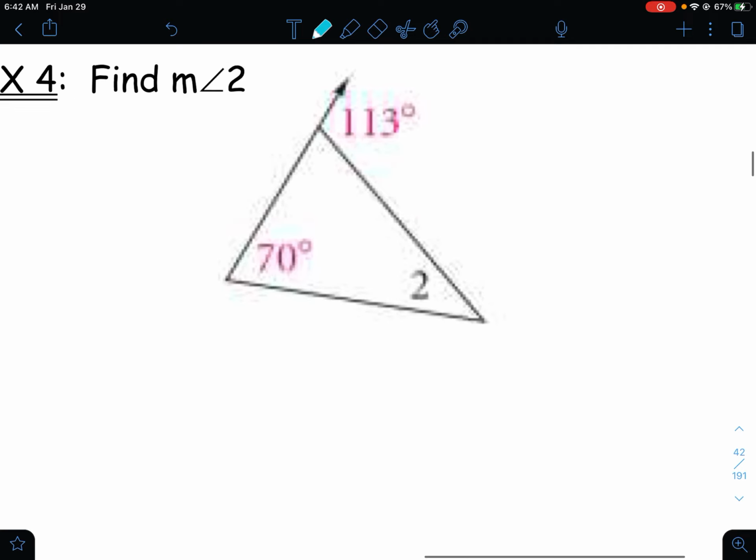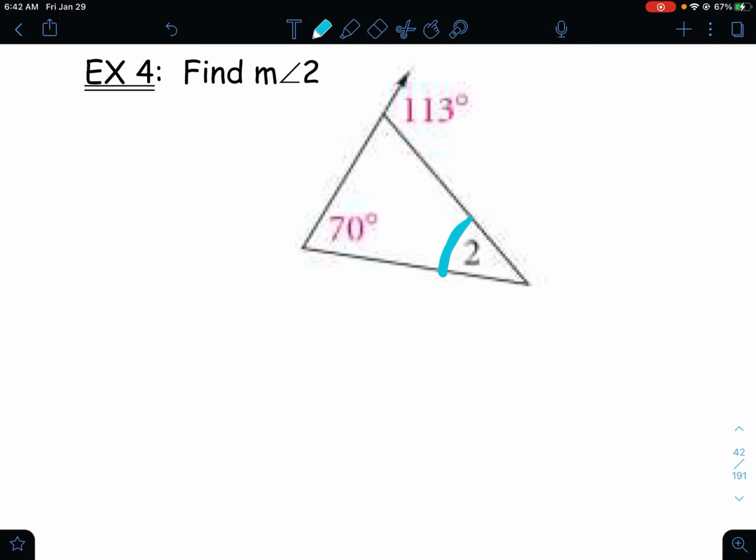All right, so now we need to find angle 2. Well, we know that if we add up these two angles, it needs to equal 113 because that's your exterior angle. We got our two remote interior angles, which is this guy and this guy, and the sum of that needs to equal this guy.